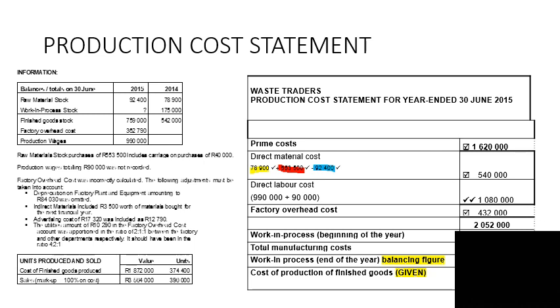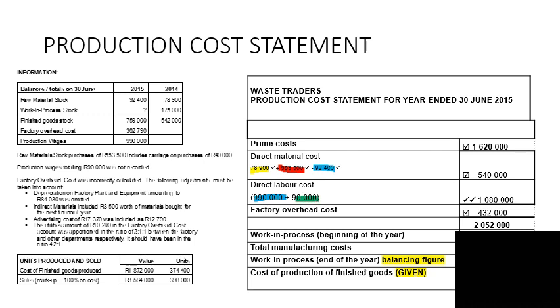production cost statement. Direct labor costs, it was one of the easiest this time around. What we are given according to our information or the trial balance is 990. Then we are also told production wages totaling 90,000 was not recorded. Then we have to record that because the amount was omitted.